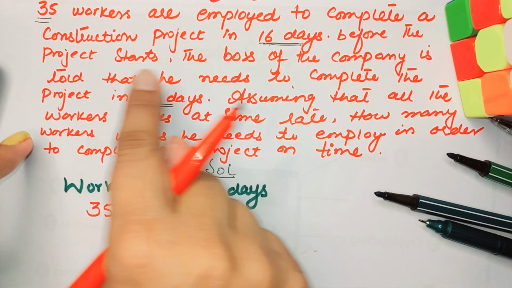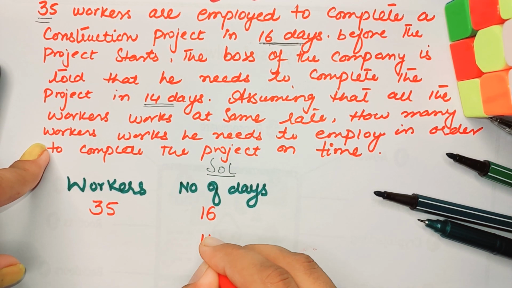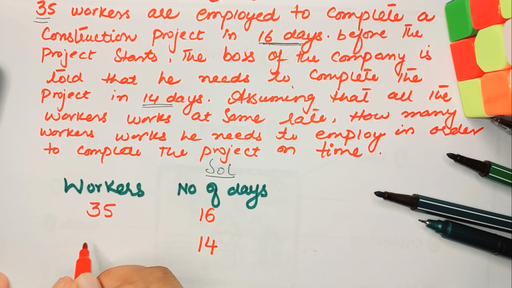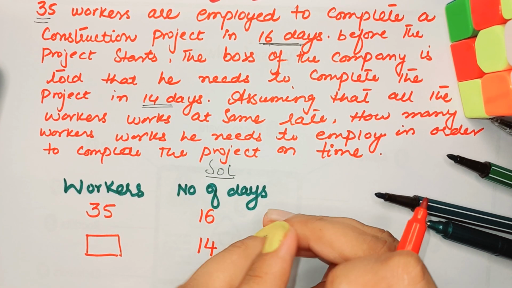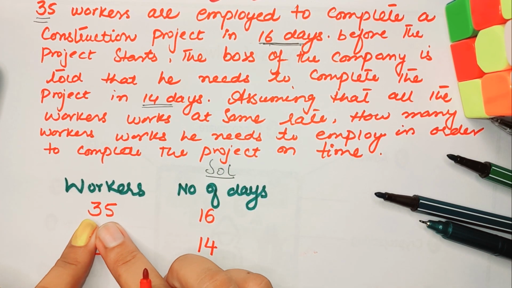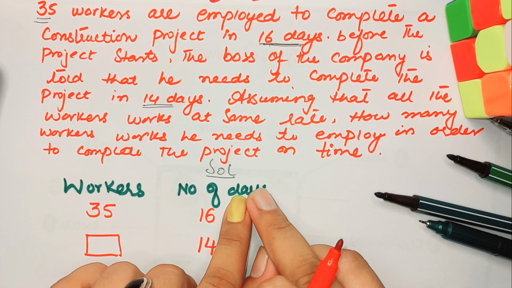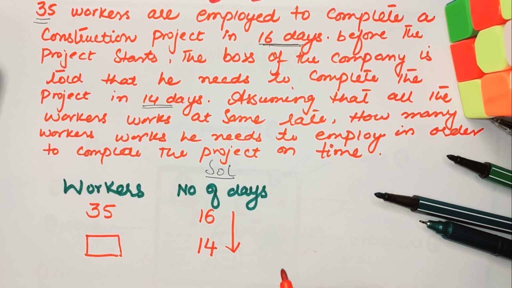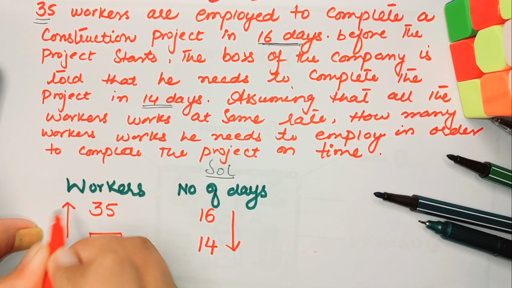Now the boss told us he needs to complete the project in 14 days, and we have to find the additional workers. Now first check the relation, dear students. We have 35 workers and days are 16. But now we have fewer days. Obviously, we have to employ more workers.